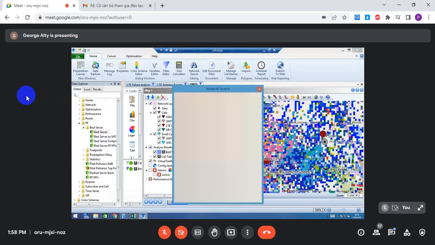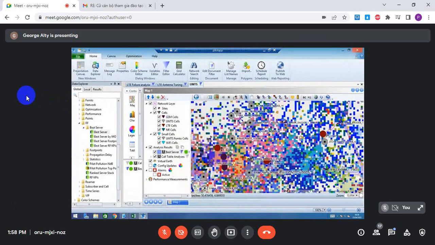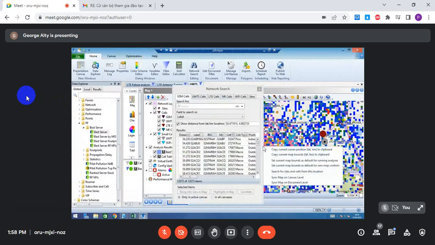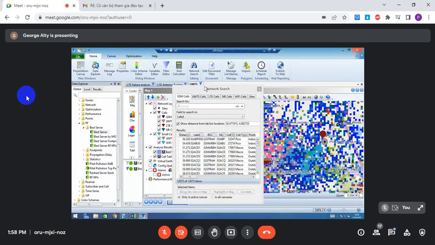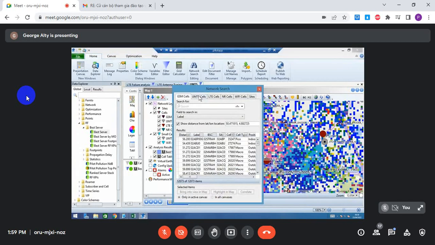So I select that, and it brings me up a network search box. When it eventually catches up. All right, okay, so here's my network search. So you can see here in the tabs, select the OTS. So this effectively looks into my site database and brings me up my cells.